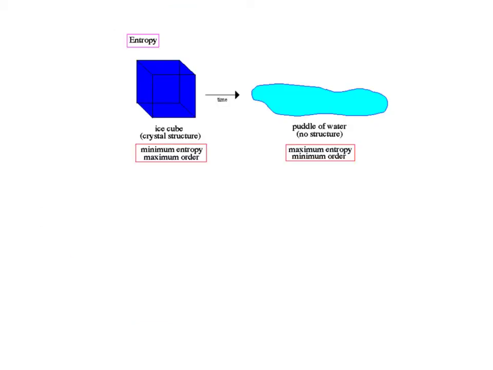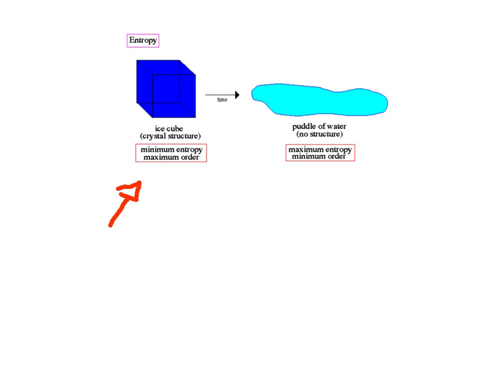Now, this picture, I'm trying to get it towards science now and away from pictures that just help you to understand entropy. You can see in this picture you have an ice cube, and the ice cube is at its maximum order. The molecules of water are organized into a crystal structure. Given time, those molecules are going to warm up and they're going to start to increase in kinetic energy.